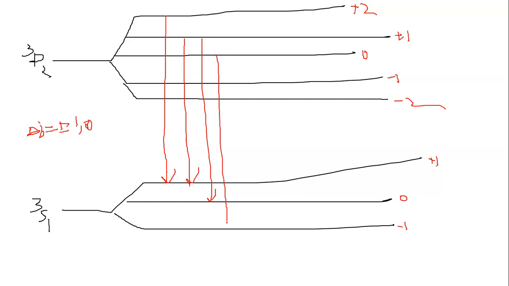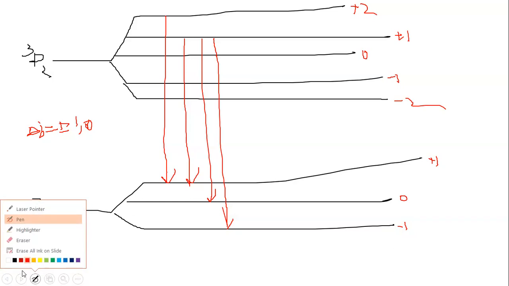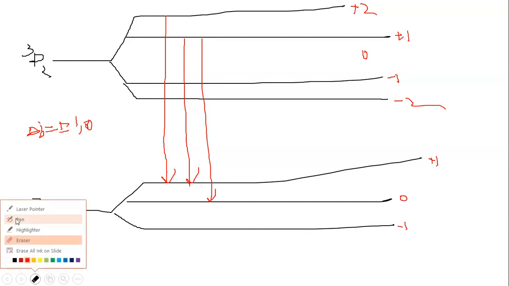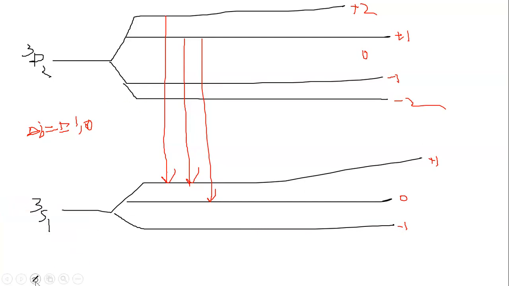From plus 1 to minus 1 the transition is not possible, because as you can see here, 2 minus 1 is 1, so it is allowed.